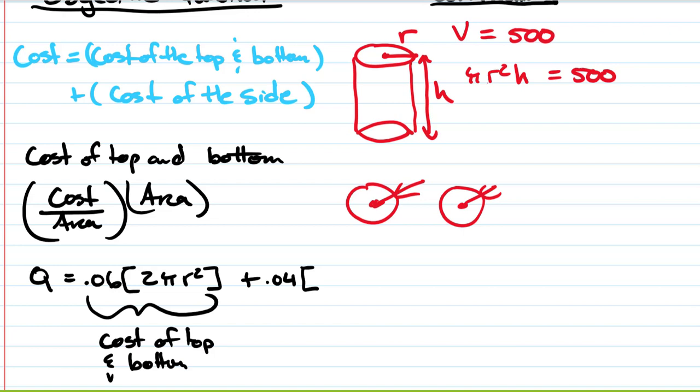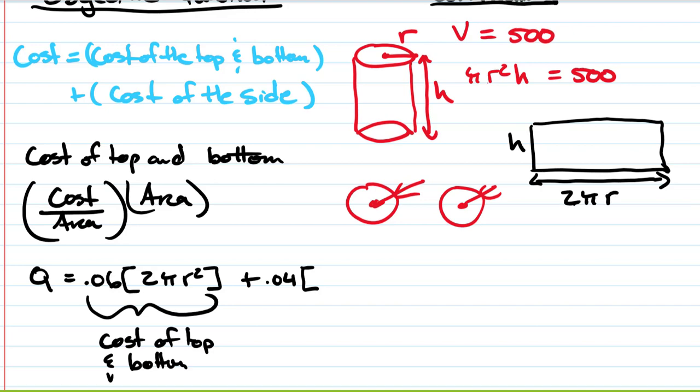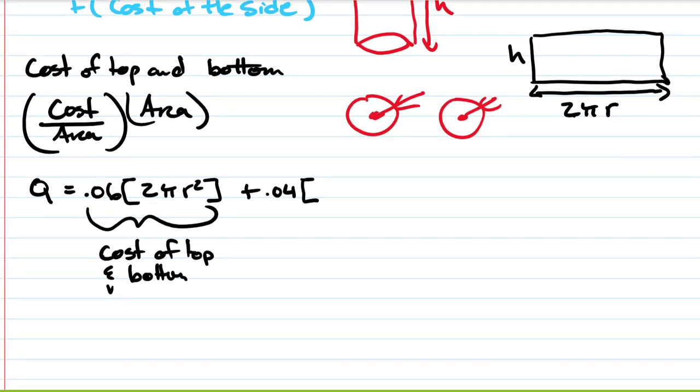If I were to cut it vertically and lay it out flat, it's going to look like this, where we're going to have the height h, but then what's the width of this can going to have to be? Circumference. Perfect. Which is going to be 2 pi r. So then we have one of those, so it's going to be 0.04 times our area formula, which is going to be 2 pi r times h. And that's the cost of the side.